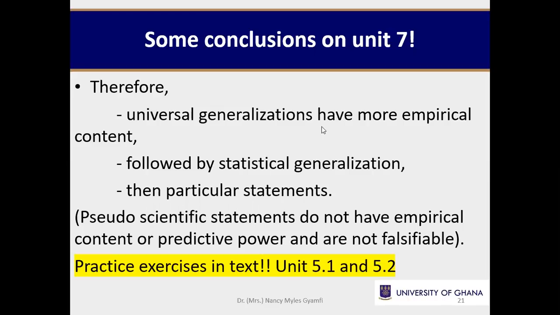Therefore, universal generalizations have more empirical content, followed by statistical generalizations, then particular statements. Pseudoscientific statements do not have empirical content or predictive power and are not falsifiable. I've given you some examples. You just create a statement or its negation. I said or, I didn't say and.